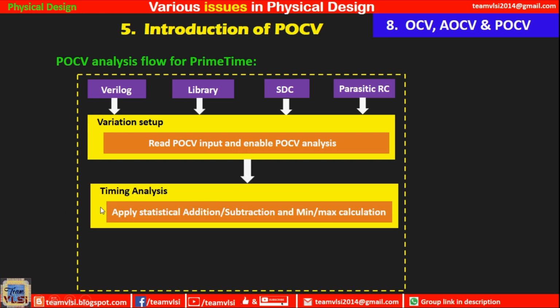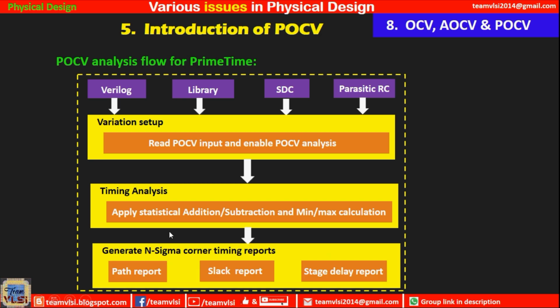Then the next step is timing analysis: apply statistical addition or subtraction and min max calculation. Then in the next stage it will generate n-sigma corner timing reports. It will generate your path report, slack report, and stage derate report.